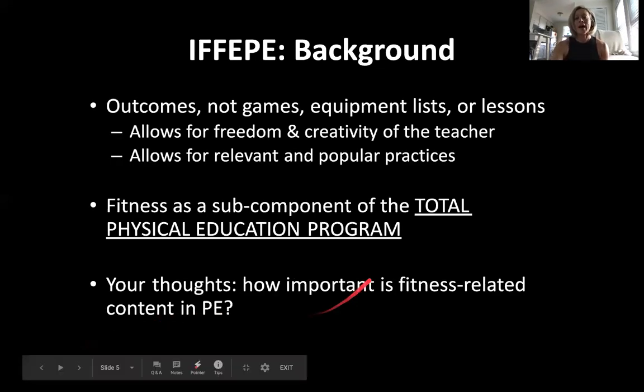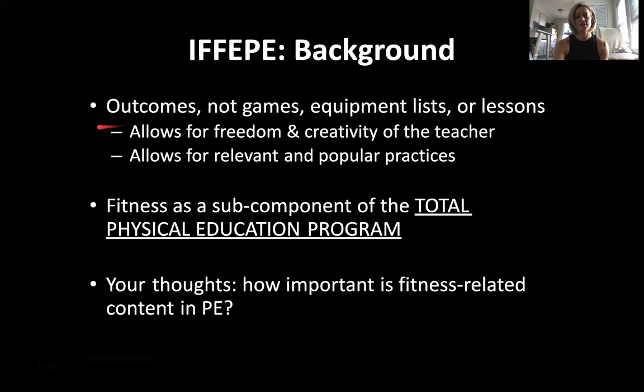So what I like and what's important for us to keep in mind is this is an outcomes based map. It doesn't tell us what games to play. It doesn't categorize it by what equipment, so it's not a kettlebell category and a barbell category, or what lessons that we need to teach or types of themes.